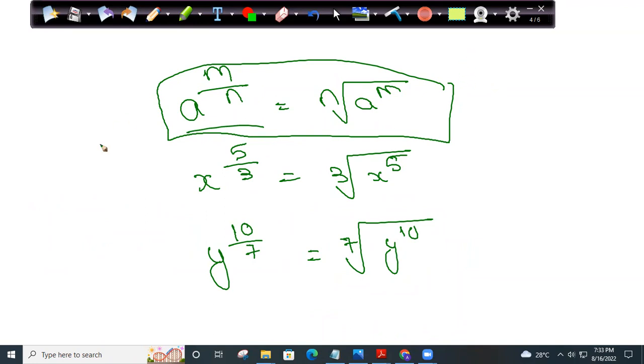We also have a few basic formulas. Most of you know a power m into a power n: if the base is the same, powers can be added.